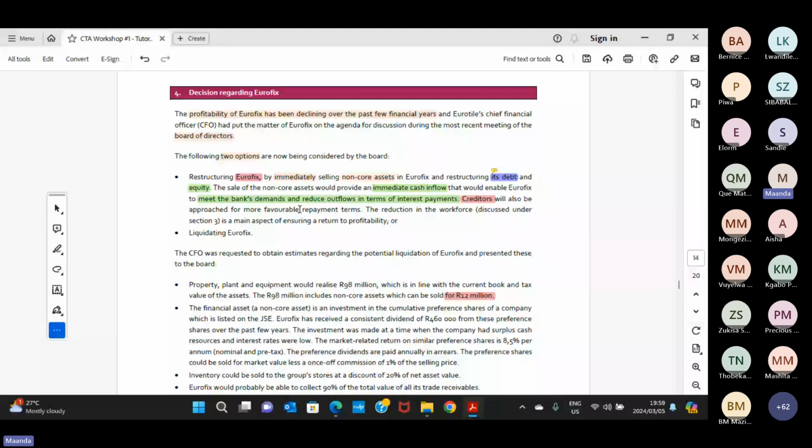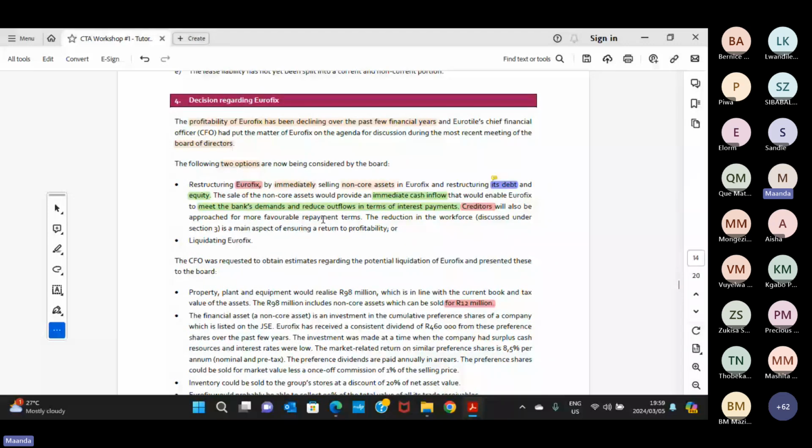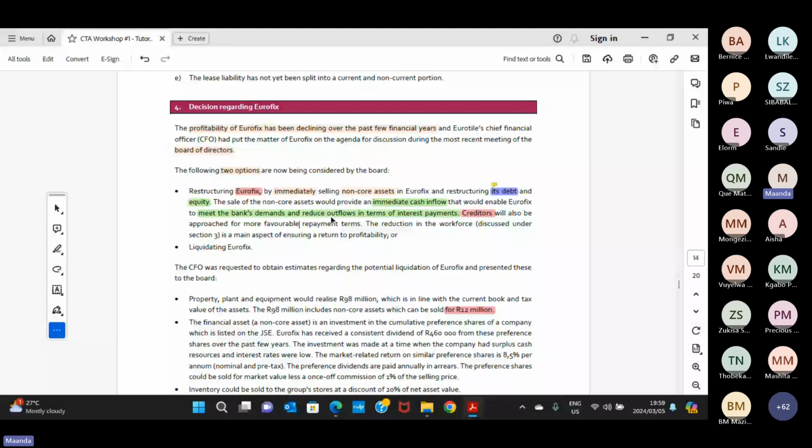So I'm trying to think, one, you want this to be an immediate plan because the company is having problems now. And then we know that restructuring can take long. Because remember, you don't just wake up and say you need to restructure. You need to think about some of those things that you were pointing out: how are you restructuring your debt? How are you restructuring your equity? So this can take long.